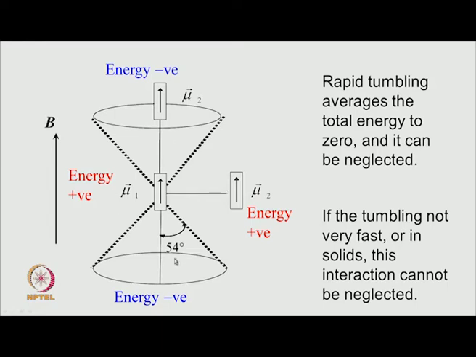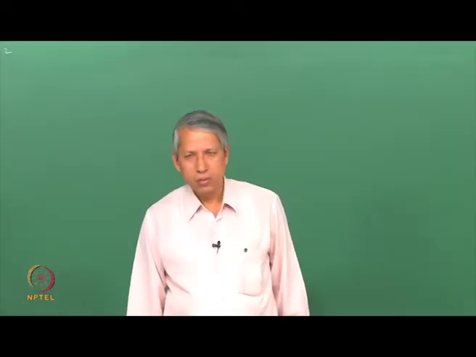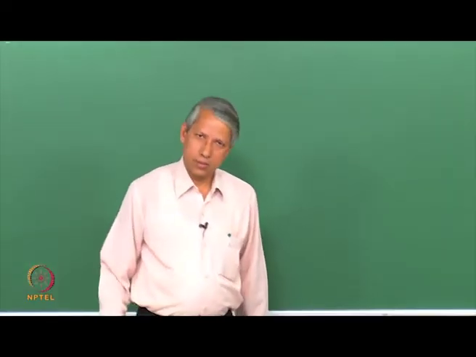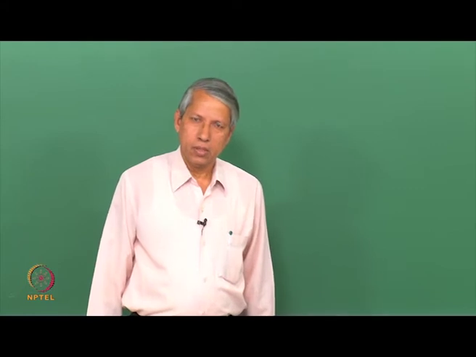So, the two regions are divided in such a way that somewhere energy is positive and somewhere the energy of interaction is negative. So, now if the system is tumbling very rapidly, so that all possible regions are covered equally, then one could conceivably assume that this total energy actually becomes 0. That is indeed the case if we do the calculation exactly for all possible orientations.